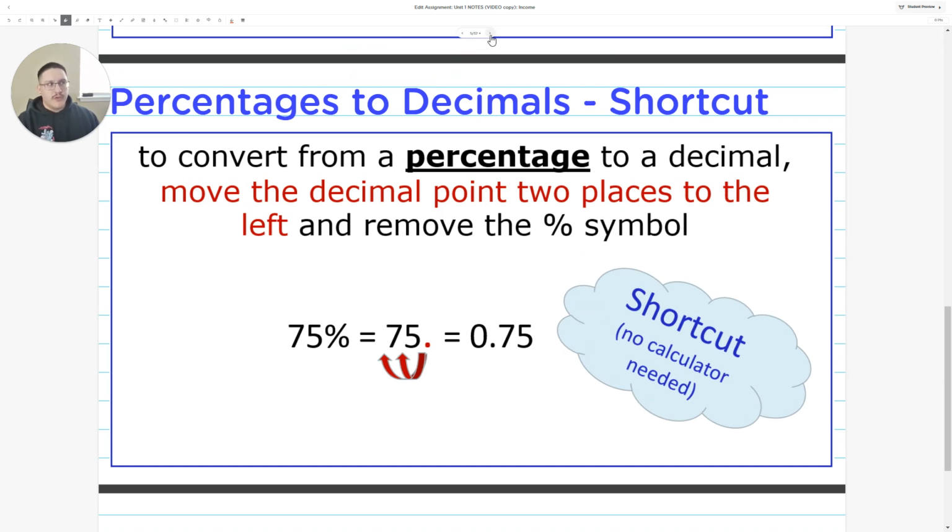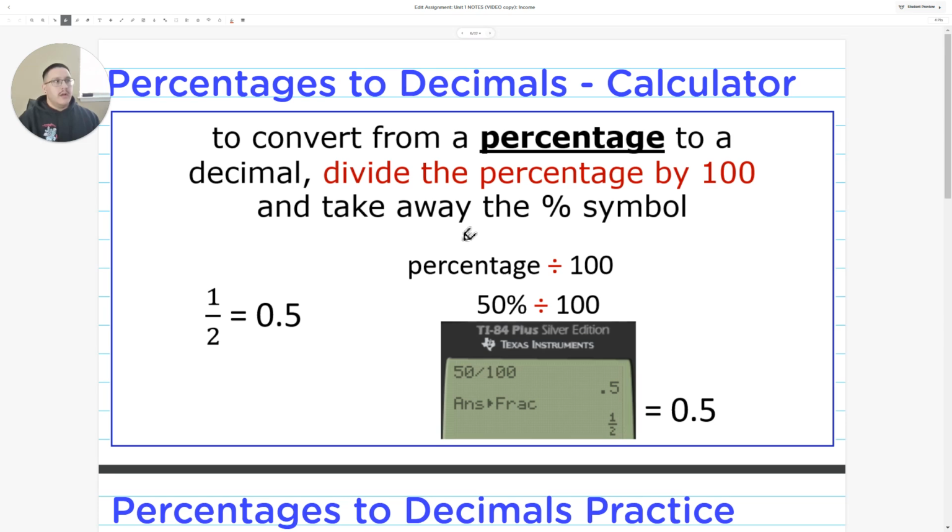If you don't want to remember the shortcut, if you want to use the calculator instead, remember, going from decimal to percentages, we multiply by 100. Going from percentages to decimals, going backwards, we divide by 100.